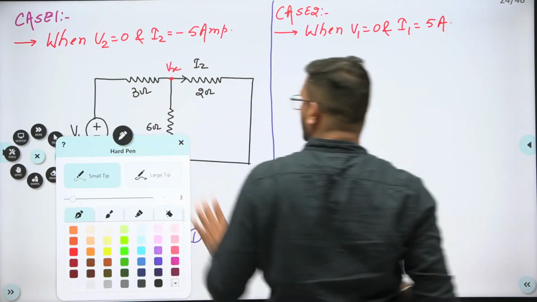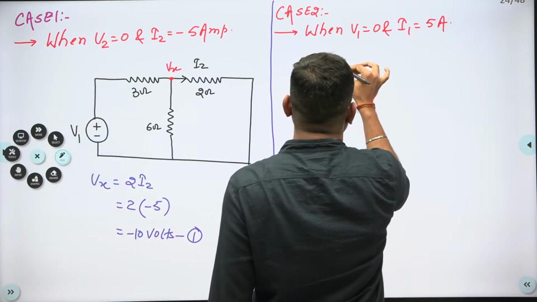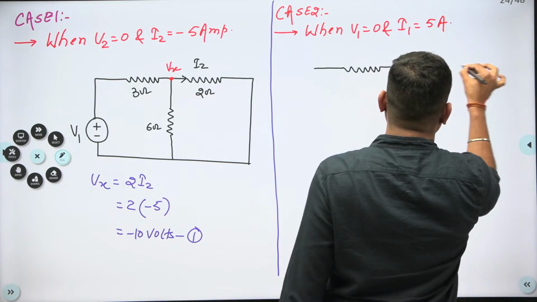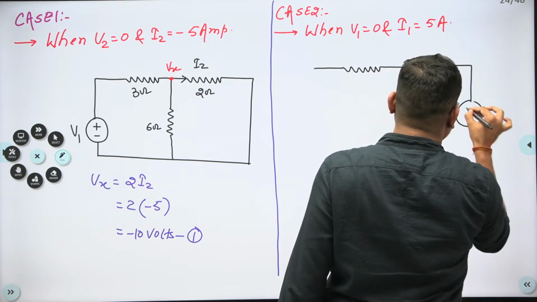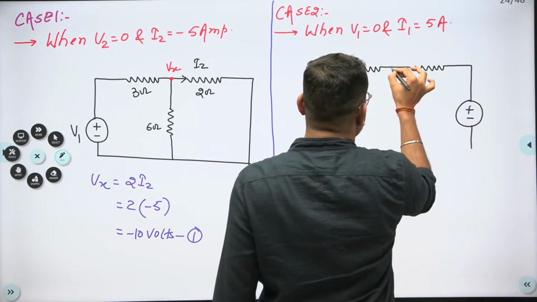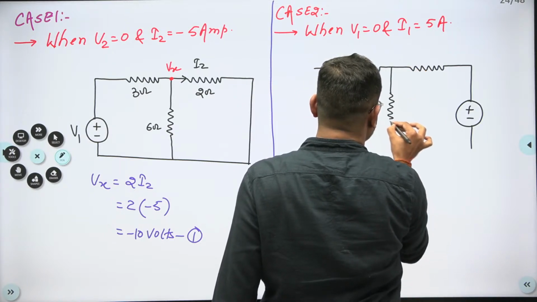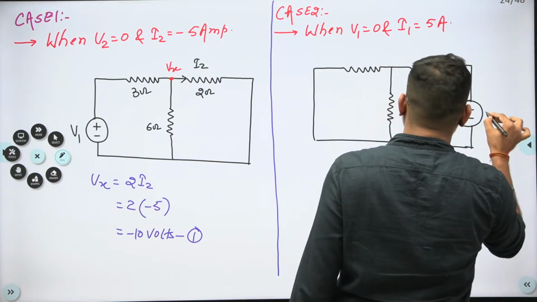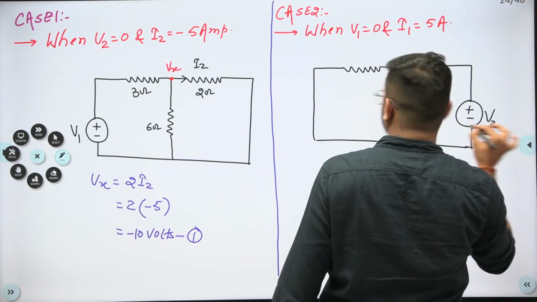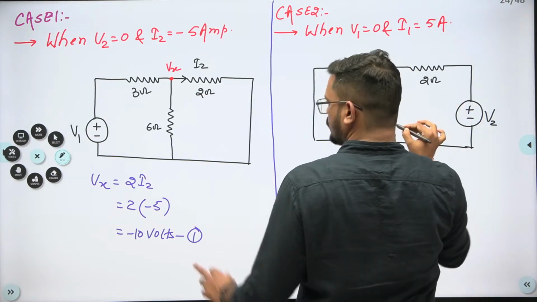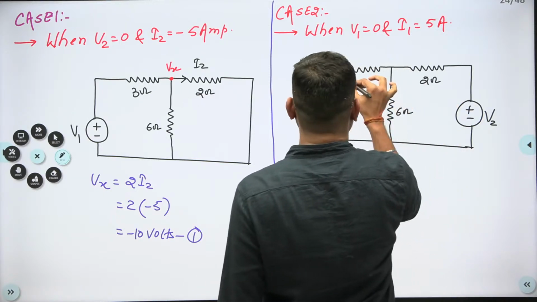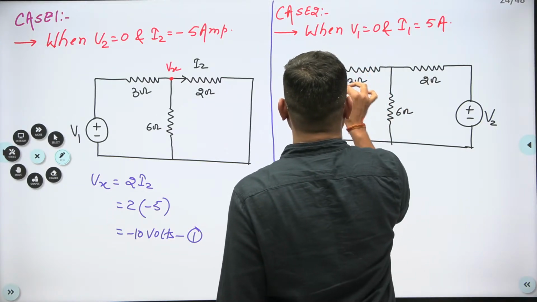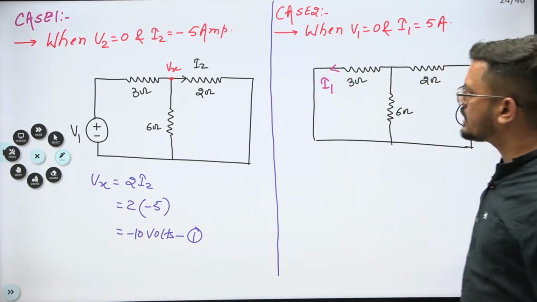This is voltage V2, and this is short circuited. This resistance is 2 ohm, this one is 6 ohm, and this is 3 ohm. The current I1 is this.